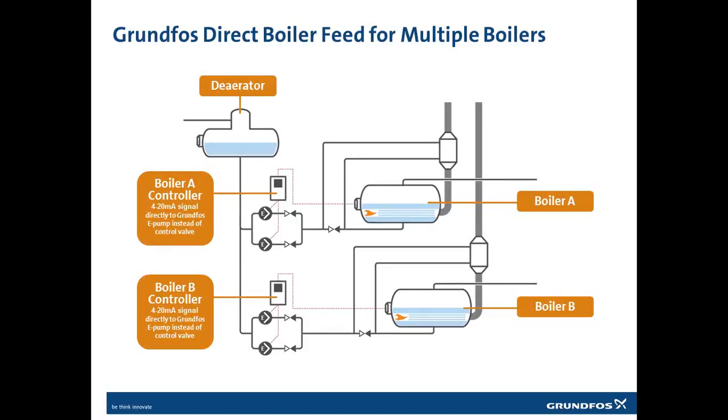And the control valve must always be on the pressure side of the pump. Otherwise, if we have the control valves or non-return valves on the suction side of the pump, we will end up having a pressure loss or pressure drop over the non-return valve on the suction side, and we don't want that. And we will have the full boiler pressure on a non-running pump, and that can create some problems for the shaft seal.